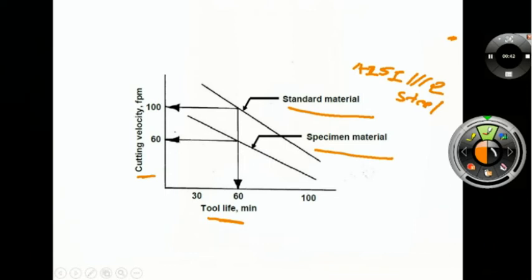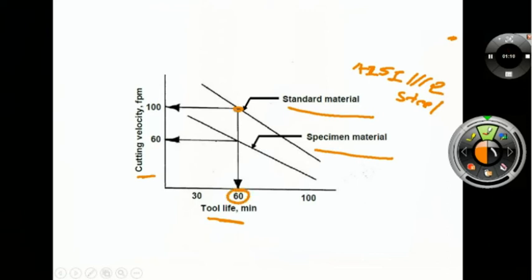At various cutting speeds, the tool life is drawn, and this line is obtained for the standard material. For the standard material, at a cutting velocity of 100 RPM, the tool gets a tool life of 60 minutes.